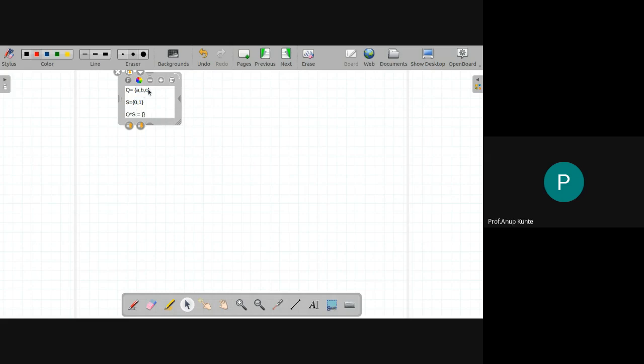So if there are 3 elements here and 2 elements here, the product rule says that this product set will have 6 elements. Let's look at what they are. It will be A, comma 0. Then the second element is A, comma 1.